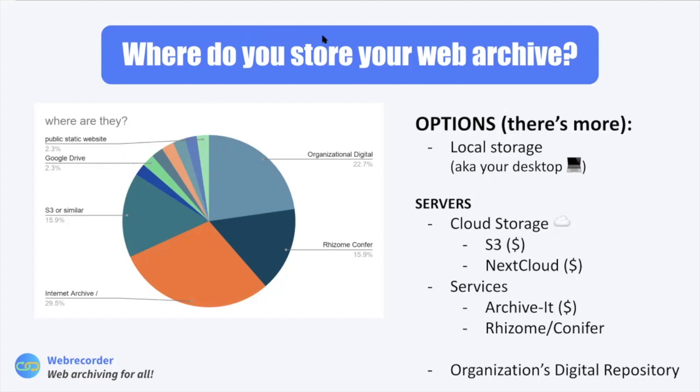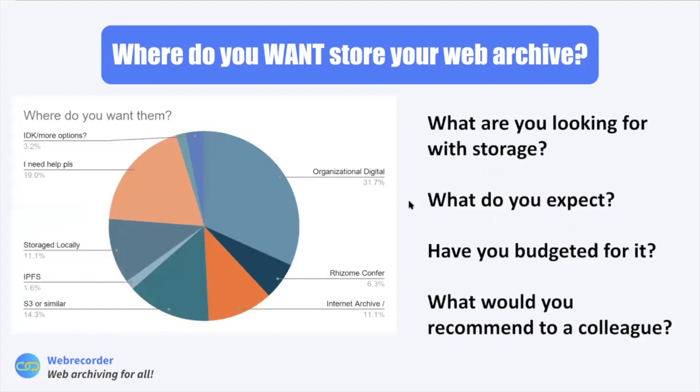We basically wanted to talk about what the options are, as there are many options, and provide a few examples of how you can use all these options. These are the results for where users currently store web archives, and then where you want to store web archives.